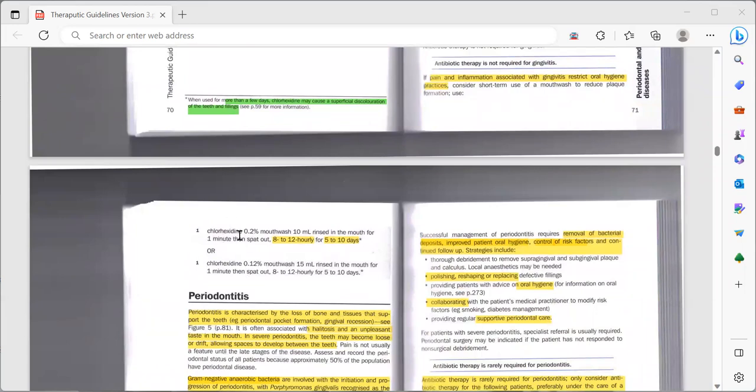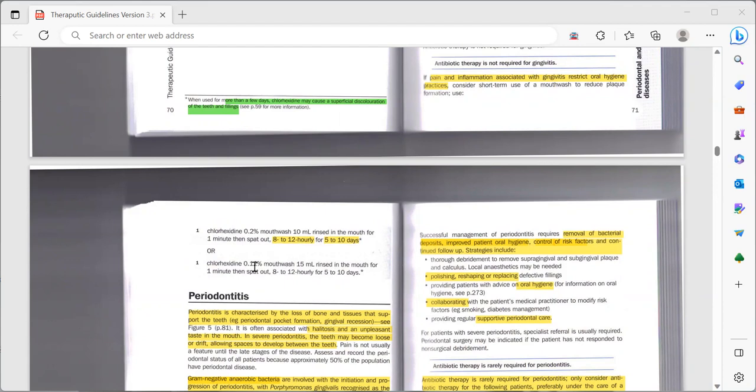There are two compositions, as we read in the previous chapters, available in the market. One is 0.2%, and the other one is 0.12%. For the 0.2%, as its concentration is more, you need to use only 10 ml, rinsed in the mouth for 1 minute and then spat out, 8 to 12 hourly for 5 to 10 days.